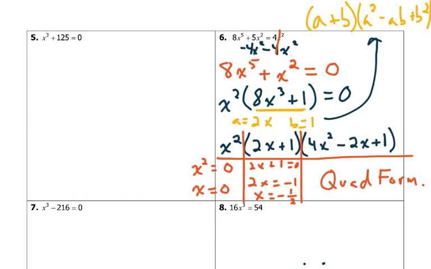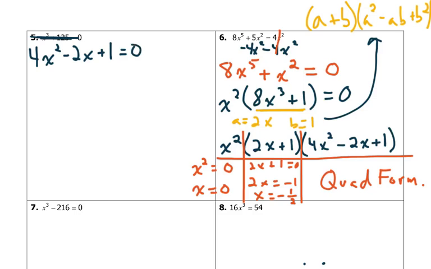So for the quadratic formula, I'm going to do that over here on the left side. I'm basically writing that out: 4x squared minus 2x plus 1 equals 0.